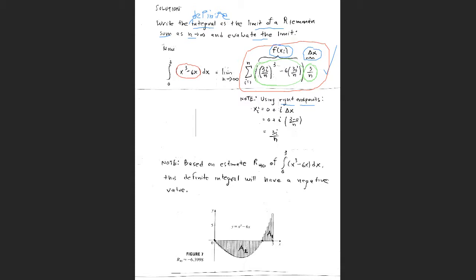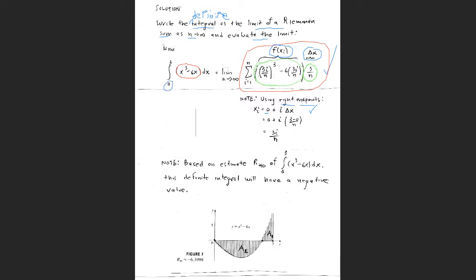If you're going to use right endpoints, then for every subinterval, the x sub i in that subinterval is going to equal 0 plus i times delta x. The reason we have 0 here is because you're starting at x equals 0, that's your left endpoint.